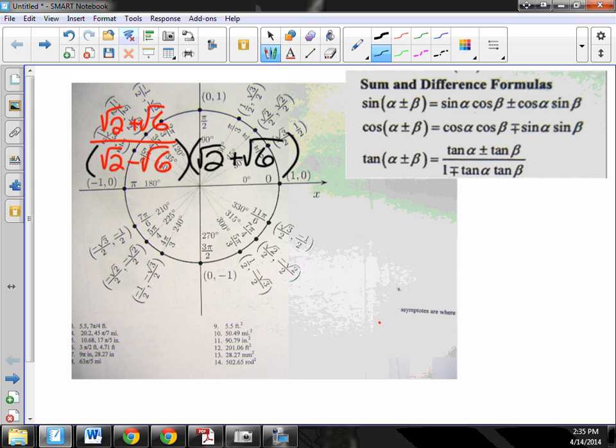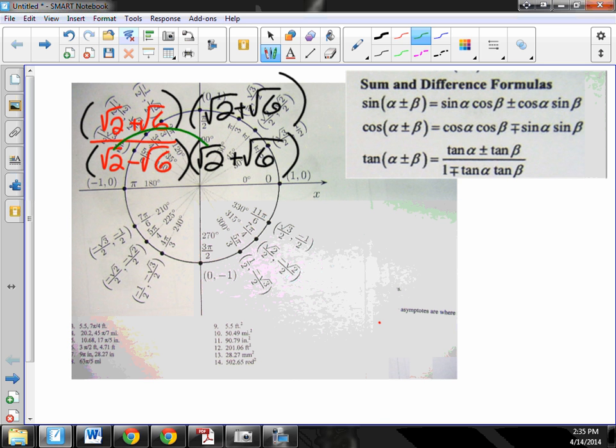Now, if I multiply the bottom by the conjugate, I have to multiply the top by the same conjugate. So this is root 2 plus root 6. Now, there are 4 multiplications happening in the denominator, and I only need 2 of them. I need this multiplication, and I need that multiplication, and I can skip the other ones. Because if you notice, this times that is going to be root 12, and this times that is going to be negative root 12, and those are going to turn into a 0.